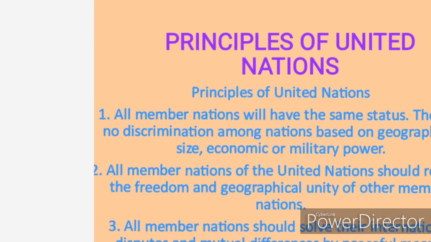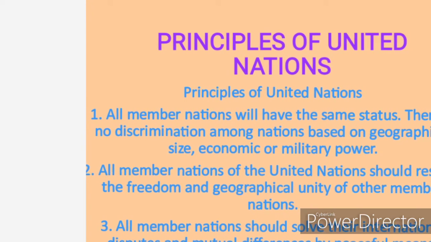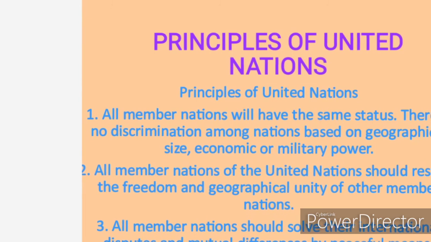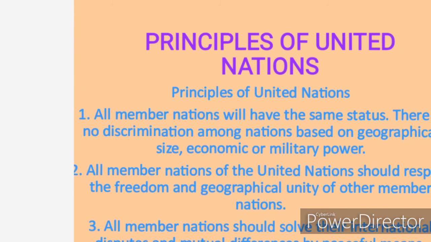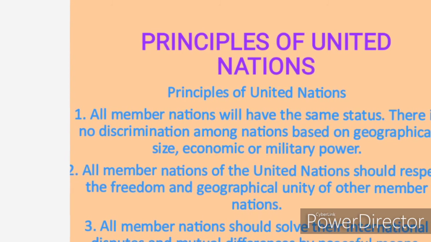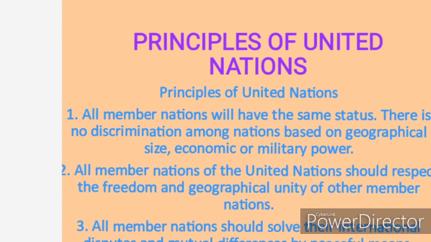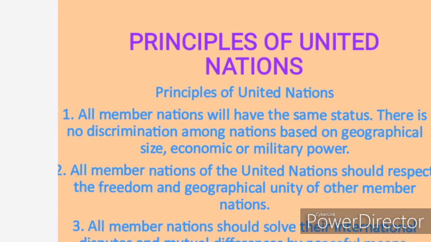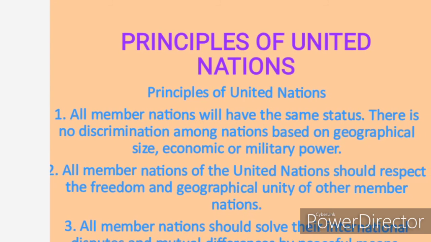There is no discrimination among nations based on geographical size, means how large or small the country is, economic status, that means how rich or poor the country is, or the military power, which means how strong or weak the military of the country is.